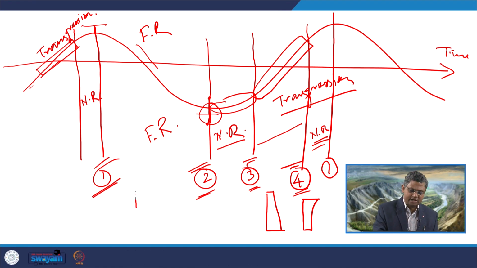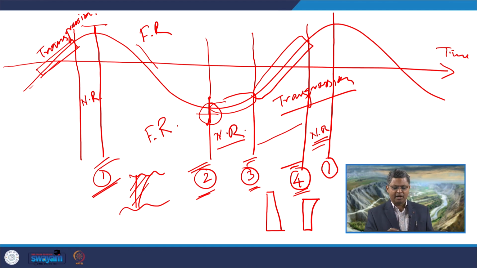So, in forced regression we know it will be again a progradational coarsening upward, often associated with some truncations, or maybe the truncation may be very prominent and there will be nothing deposited and there will be entirely truncation. And after that we are getting this normal regression between 2 and 3, where again we will get a coarsening upward, a progradational stratal stacking pattern.